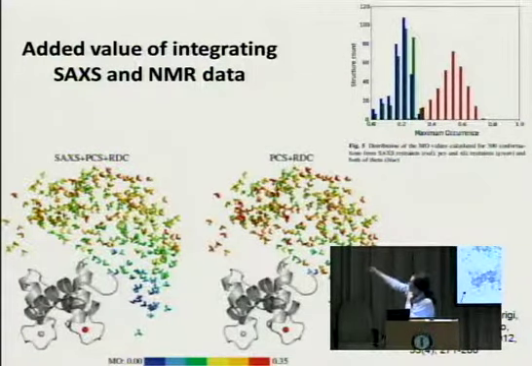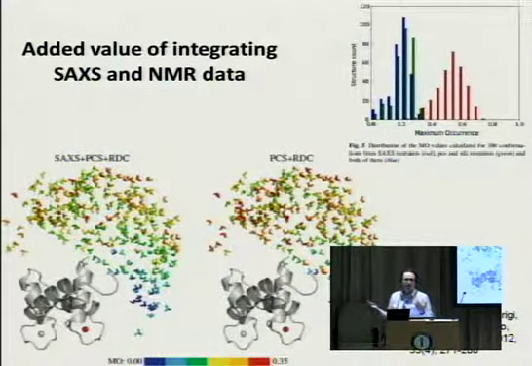So in this approach, at least, if you only use the SAXS data, you are not very effective in discriminating configurations. And as I mentioned, that can make sense because you know that your structures are not going to be dramatically different from one another. If you add the other data, you actually go to much lower values and your distribution becomes more defined. You see a hot region here and a cold region there.